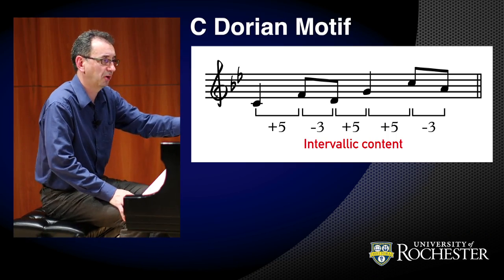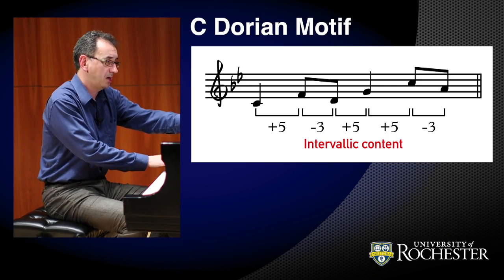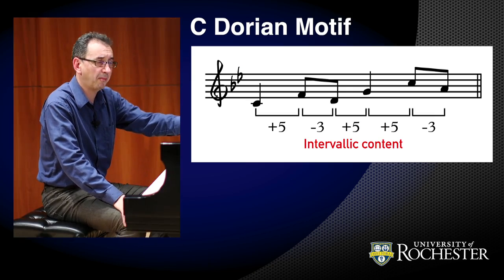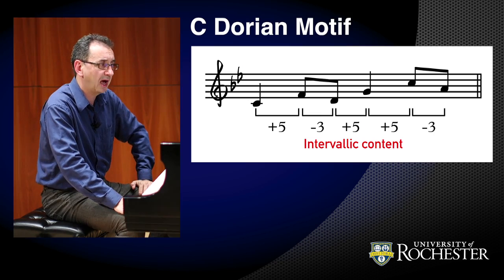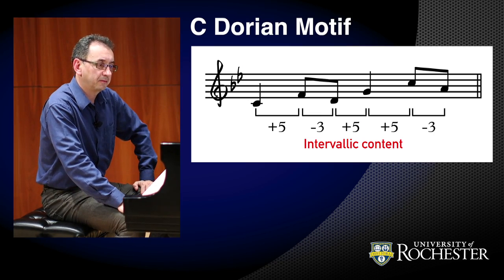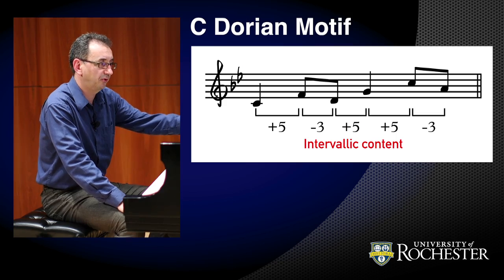Let's work on a specific motive. Here's our motive derived from the C Dorian mode. Okay. So let's first talk about the intervallic content. It's really important to do a little bit of analysis so you know how to come up with intervallic inversions, retrograde, and so forth.